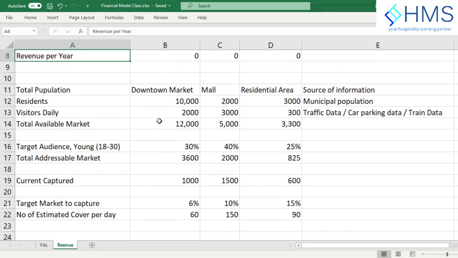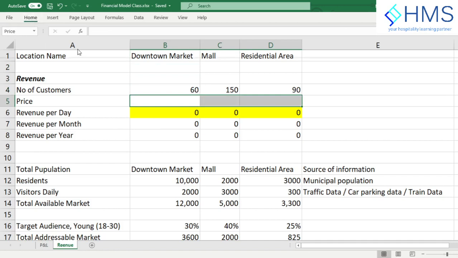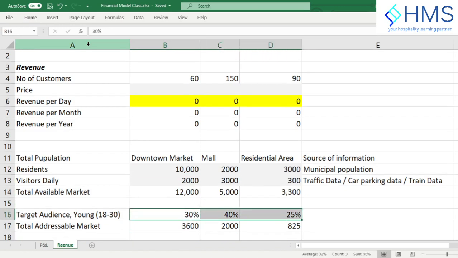Another thing that we forgot to mention here is that, whatever we used to discuss in the past, whatever is input, whatever is the key in, you should be highlighting that with another color, so that you know actually what are the inputs that you are filling in and are not automatically generated. So that when you are revisiting the model in the future, you can always go back and say, okay, these are my assumptions, these are my key ins.